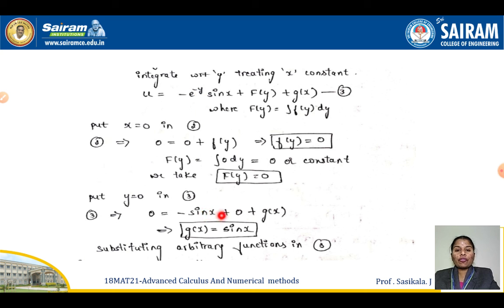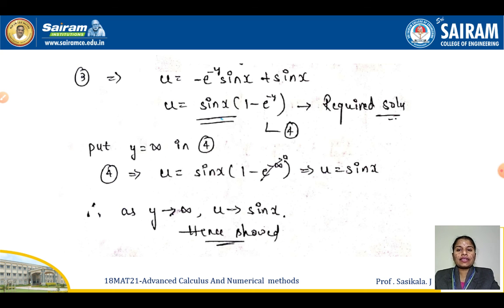So minus sin x plus F of y, which is 0, and g of x alone you will get. From this, g of x is sin x. Substitute this F of y and g of x in equation number 3, and that is your entire result. So you will get the required result: u is equal to minus e power minus y sin x plus sin x. So I can take sin x common, and I will get sin x times (1 minus e power minus y). This is actually your required solution.